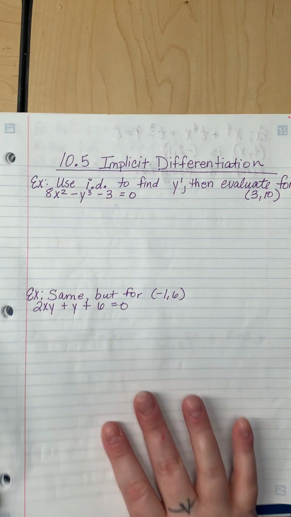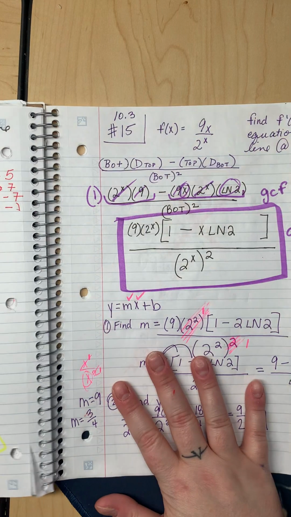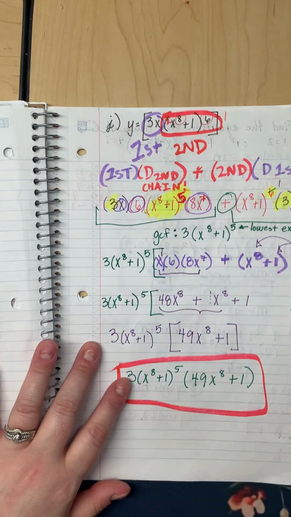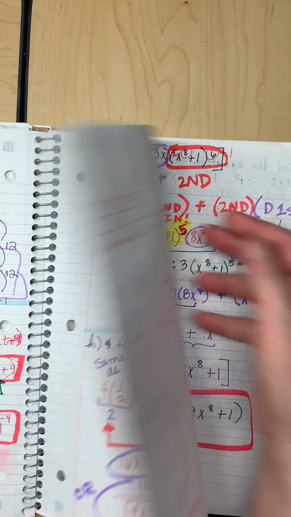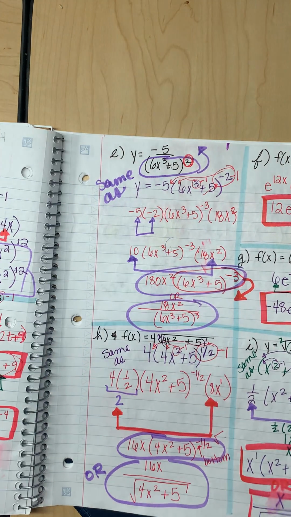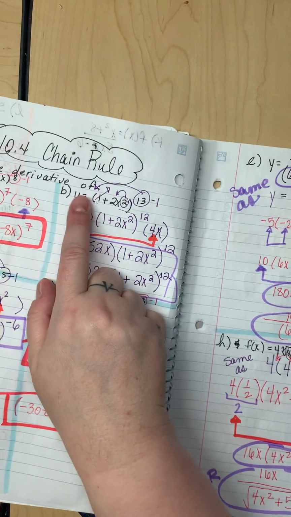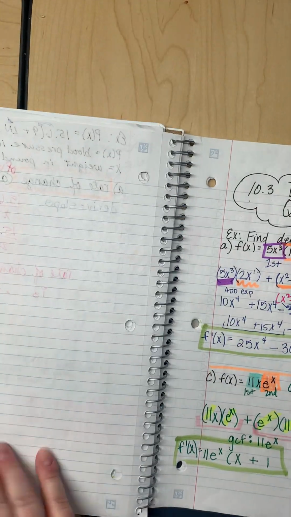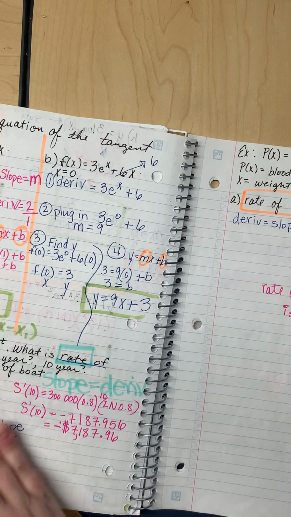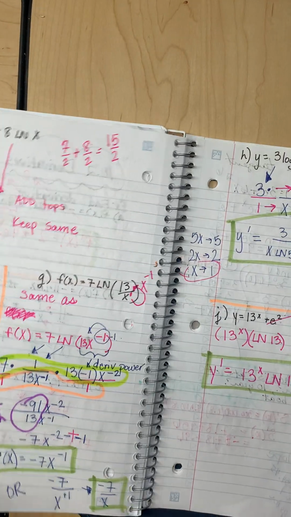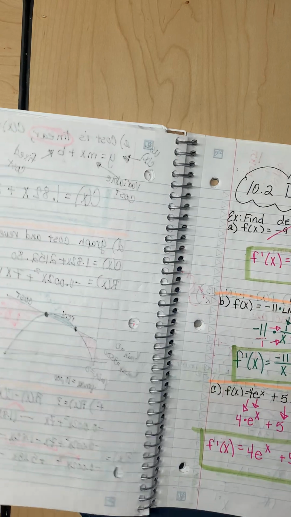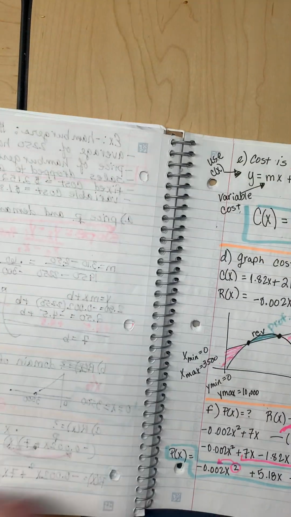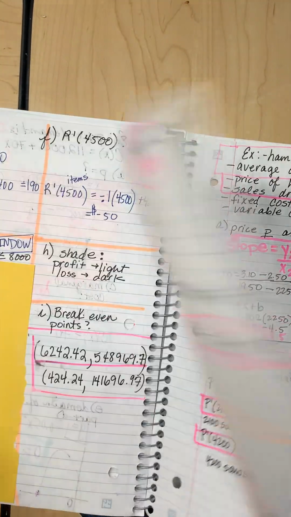So if you look at all our other examples from the past, we have had y equals, or f of x equals, c of x, all that marginal.